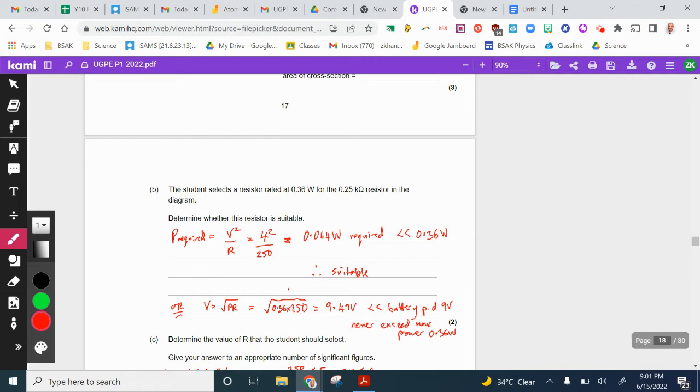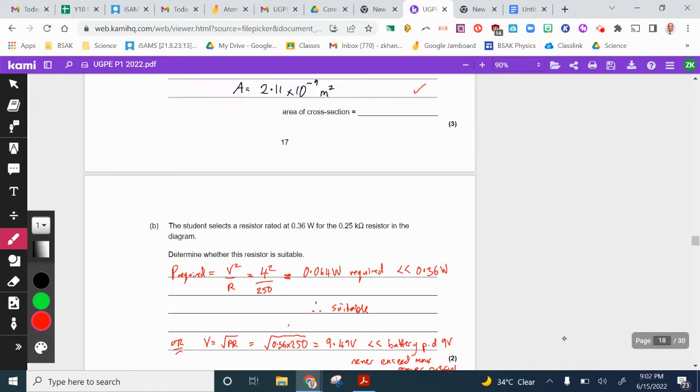So 0.36 watts multiplied by 250, rooted, gives the potential difference across this resistor when this much power is dissipated: 9.49 volts. That's when it's at the maximum amount of joules per second that can go through that resistor.